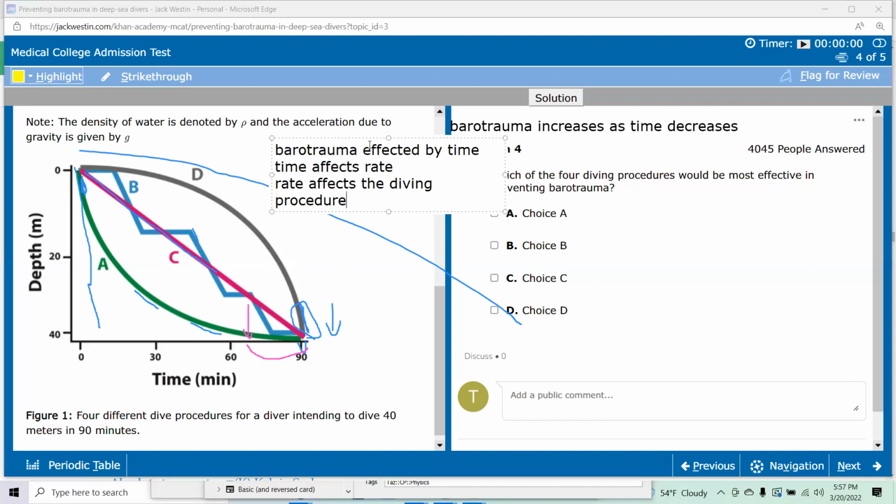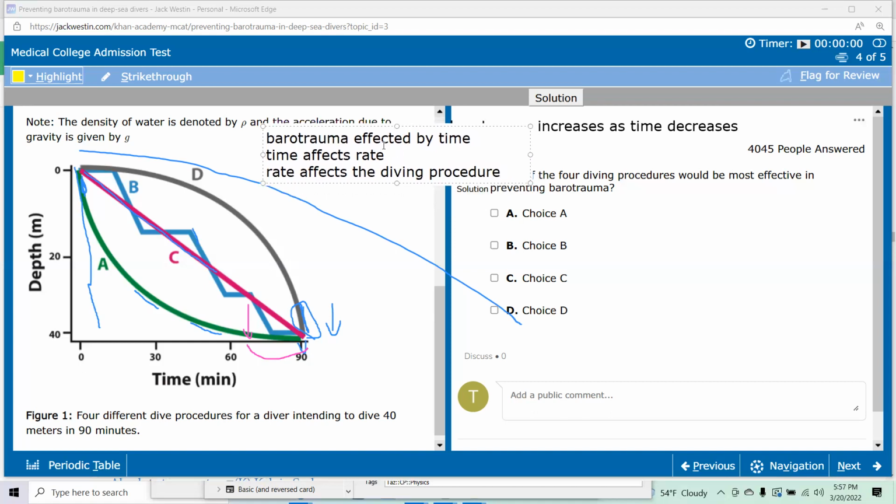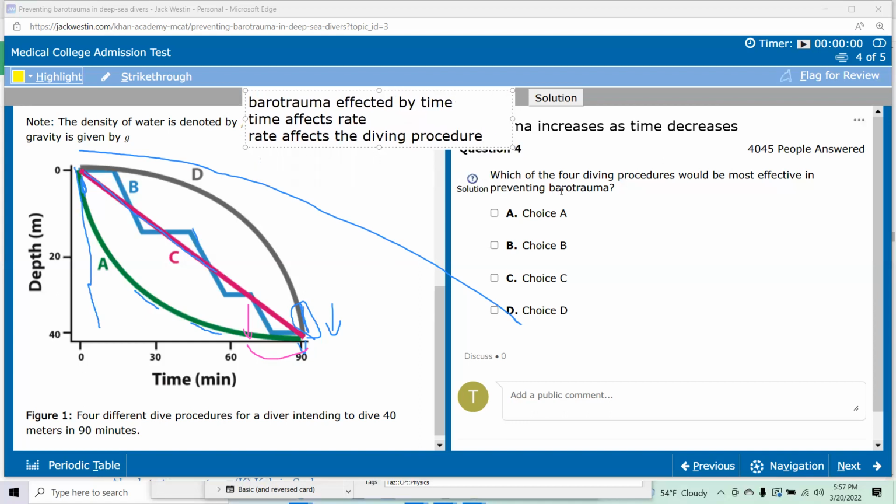Do you see how we went through each one? First, we learned about barotrauma, then the decreased time, and the increased rate. So we knew how time affects rate and how rate affects the diving procedure. So knowing all this, which of these four diving procedures is the most effective at preventing barotrauma?